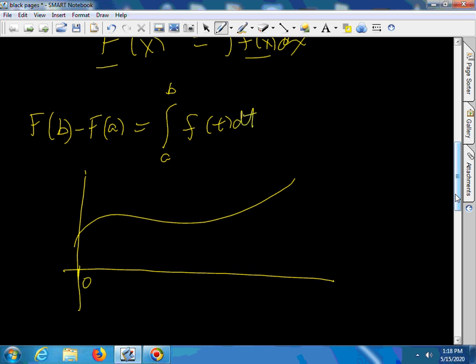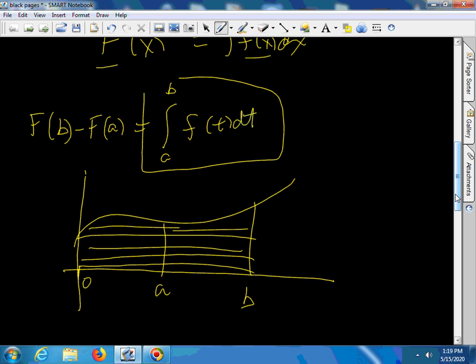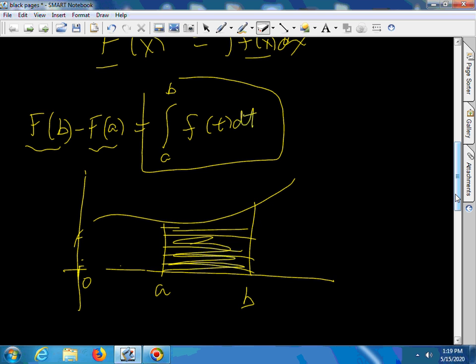Here is 0, here is a, here is b. We want the area from a to b. Well, big F of b is all of this. It clearly includes what we want. Now, we're going to take away big F of a, which is the area from 0 to a.